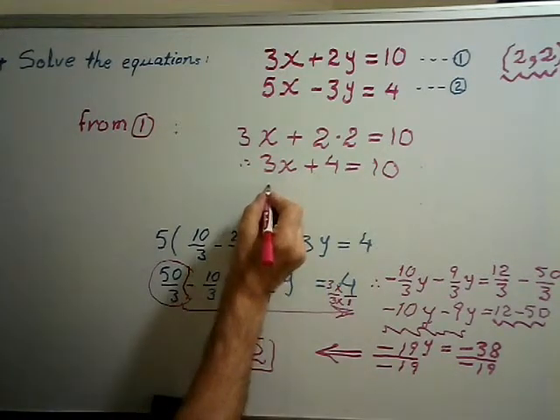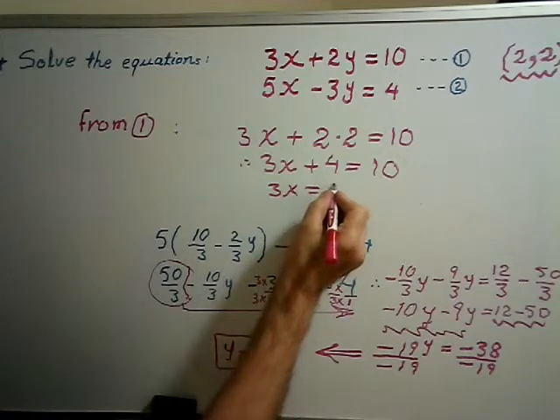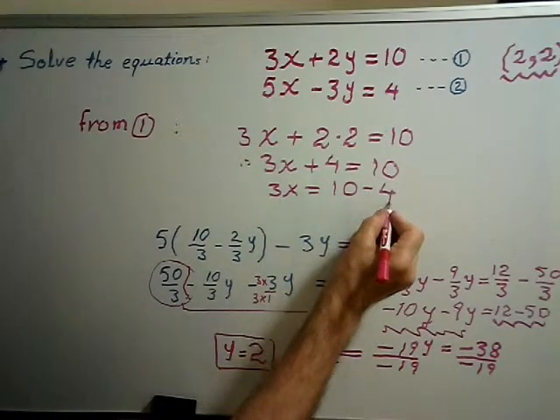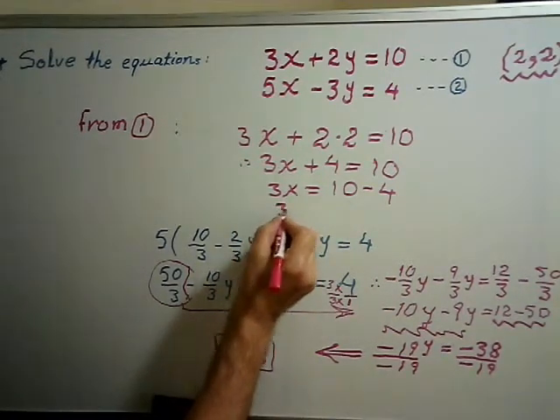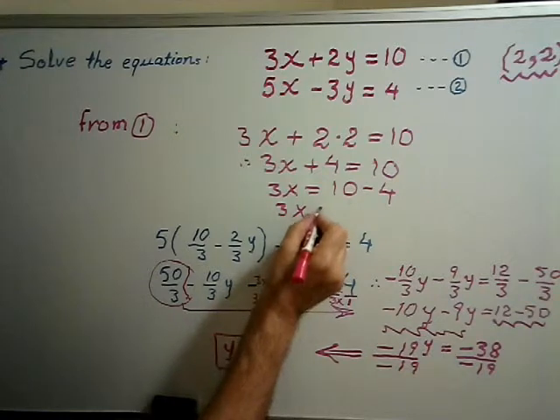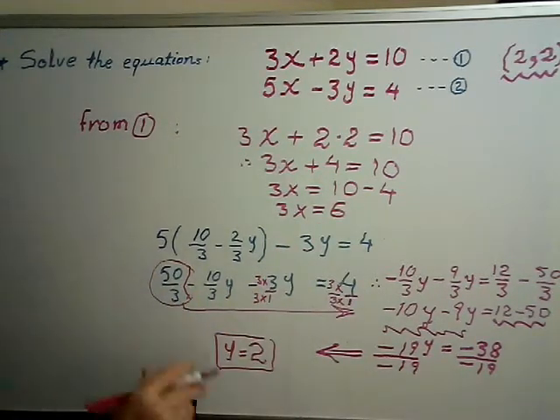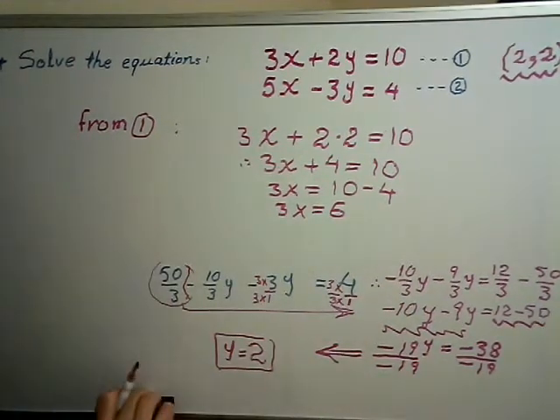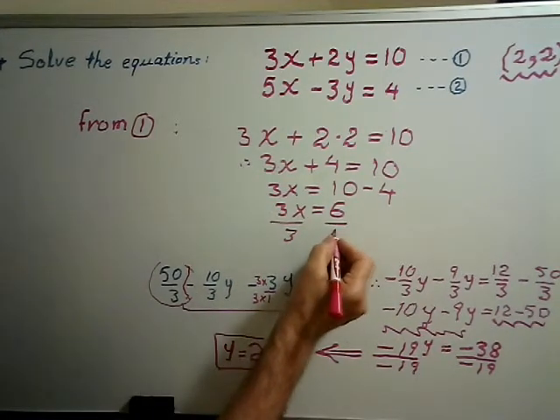Then 3x is equal to 10 minus 4, which means 3x is equal to 6, and by dividing by 3 on both sides, we will get the value of x.